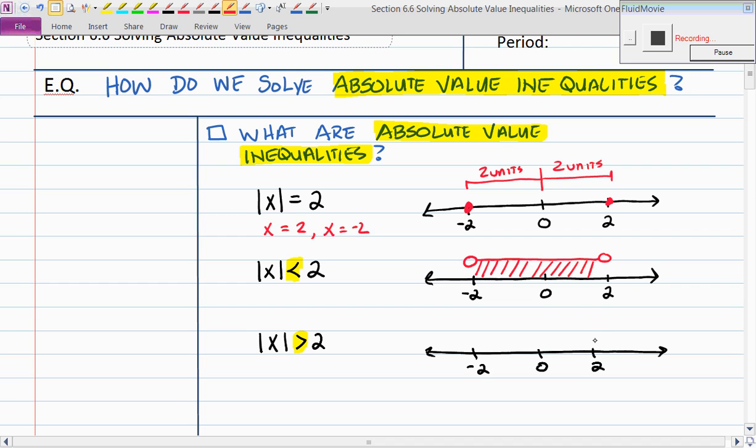Then we want all values of x that are greater than 2 units away from 0. So that would represent all of these answers, and we can take a couple of test points. Say, for example, 3. The absolute value of 3 is 3, and 3 is greater than 2.